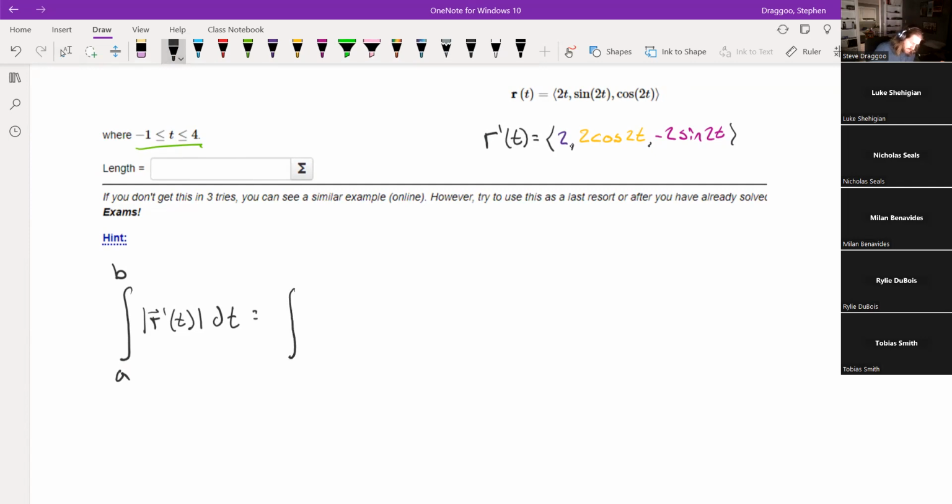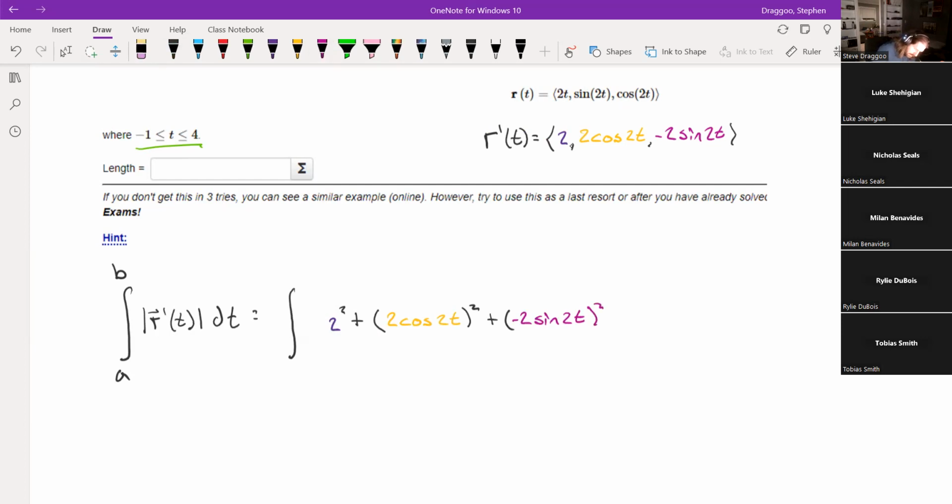So I want the integral of the magnitude of r prime. The magnitude is going to be some square root. I'm not going to put the hat on it yet because I don't know how long it's going to be. I need 2 squared plus 2 cosine 2t, all of that squared, plus -2 sine 2t, all of that squared.